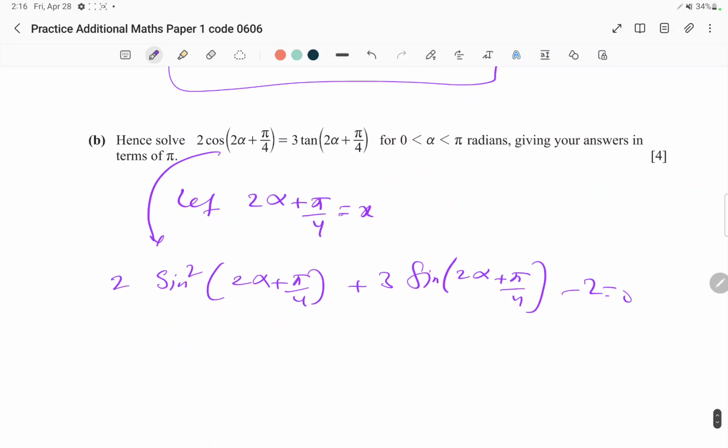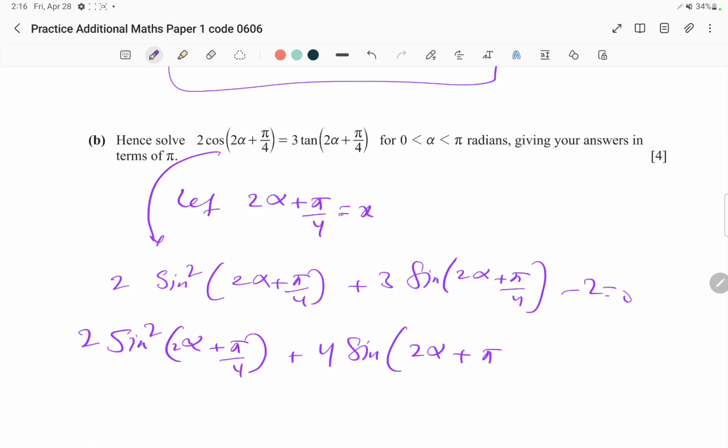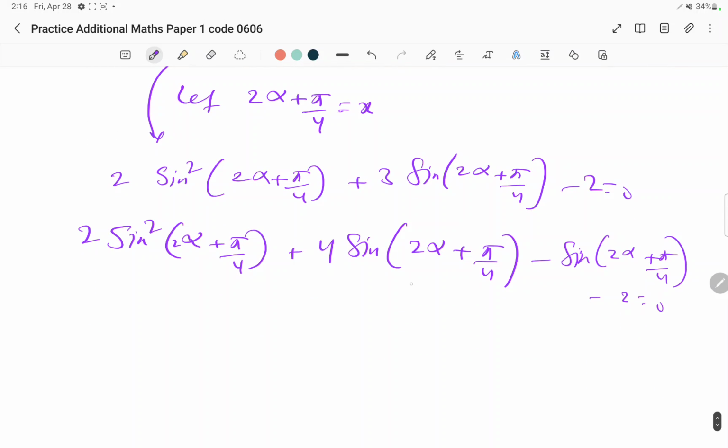Now we can use factorization method. 2 sine square (2 alpha plus pi over 4) plus 4 sine (2 alpha plus pi over 4) minus sine (2 alpha plus pi over 4) minus 2 equals 0. We can now factorize.